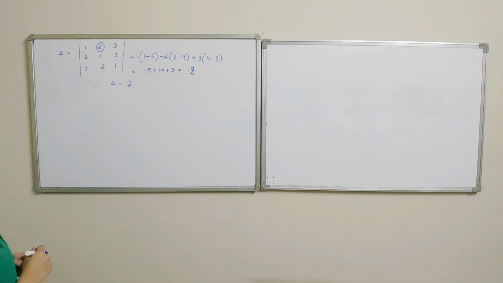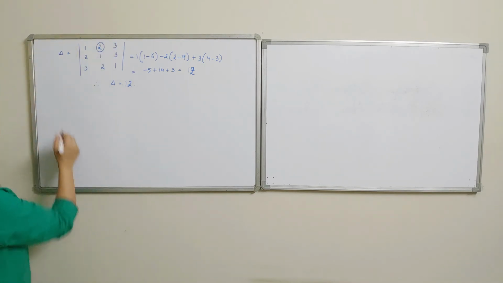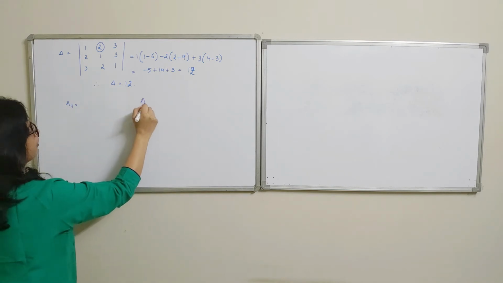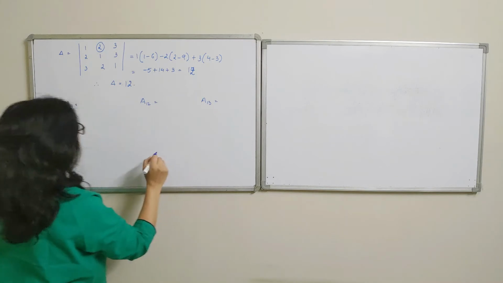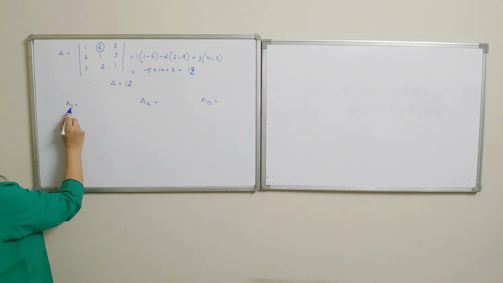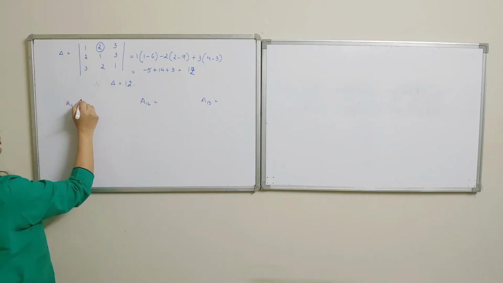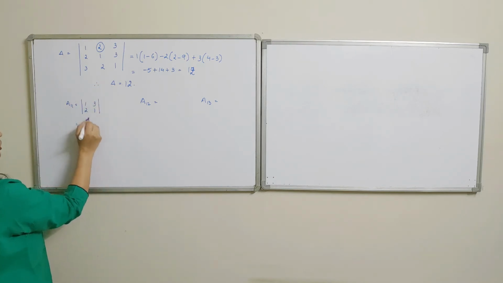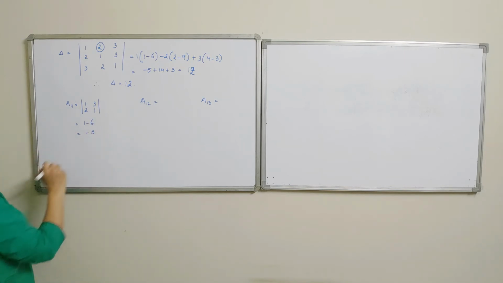Right? Now let us find out the cofactors of the first row. Alright, so the cofactors are A11, A12 and A13. So finding out cofactors means delete the first row and first column, so the determinant that we obtain is this, which is 1 minus 6 equal to -5.